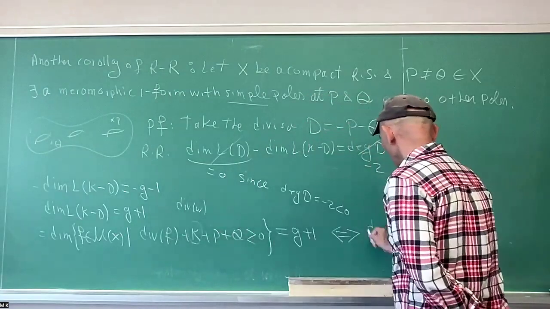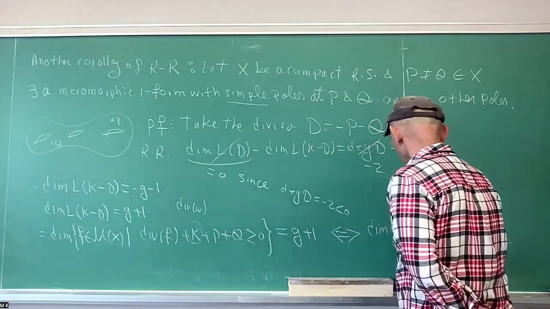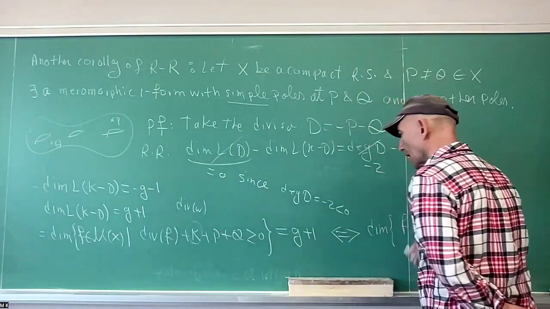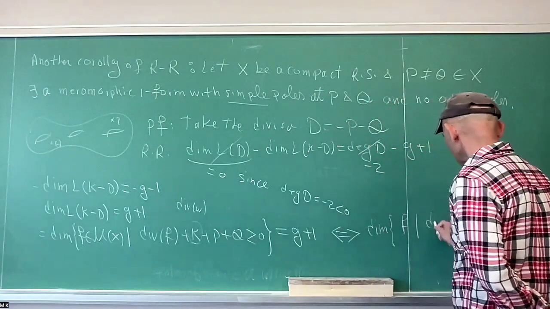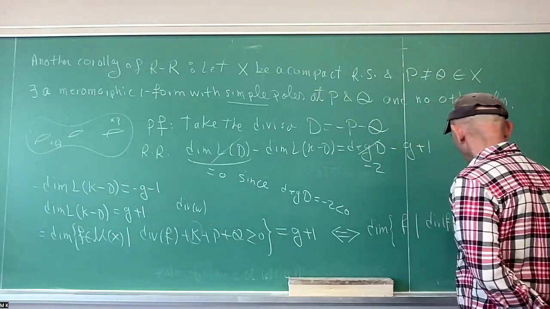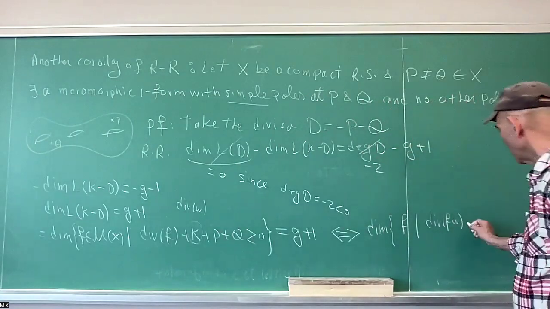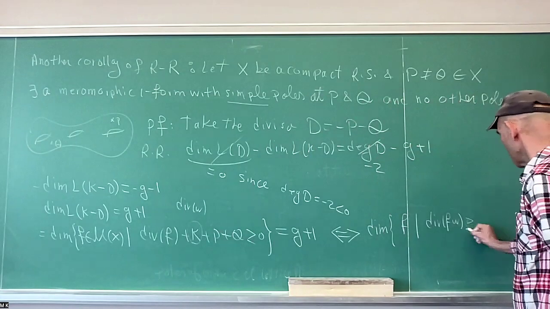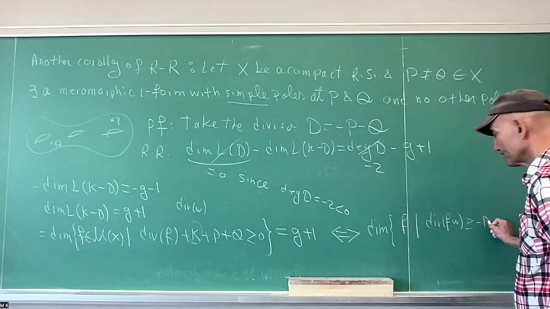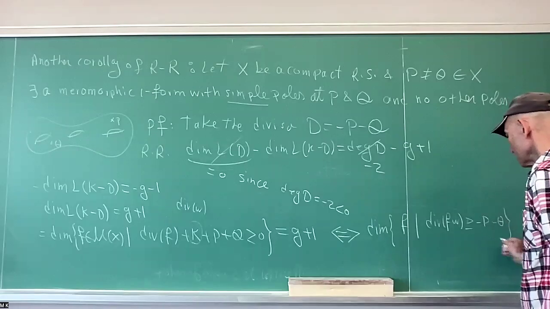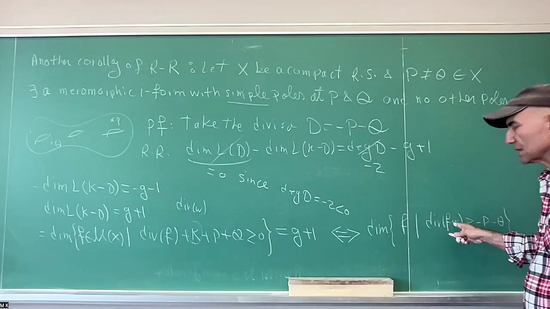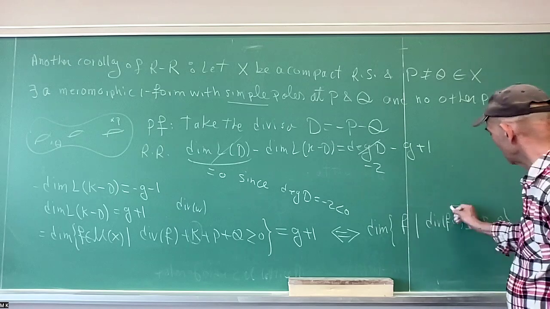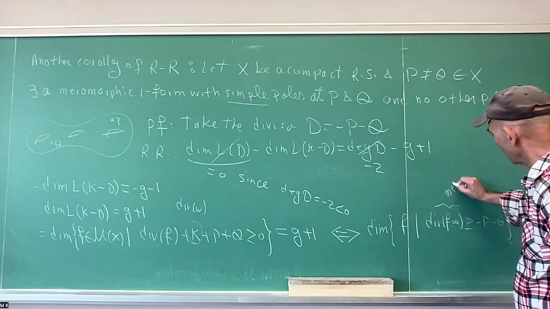This is equal to the dimension of the set of all F such that divisor of F omega plus P plus Q is bigger than or equal to 0, so divisor of F omega is bigger than or equal to negative P, negative Q. So this is basically any meromorphic one form.